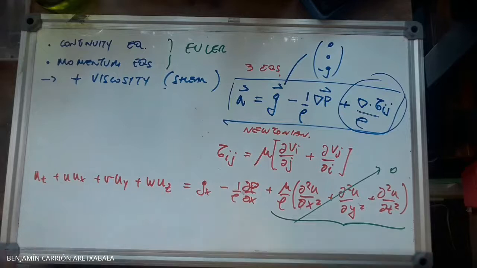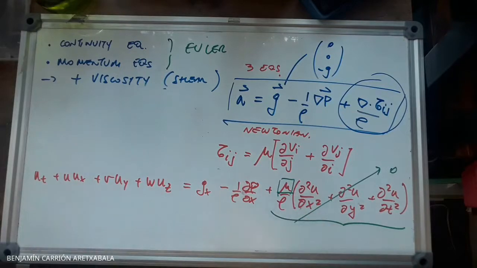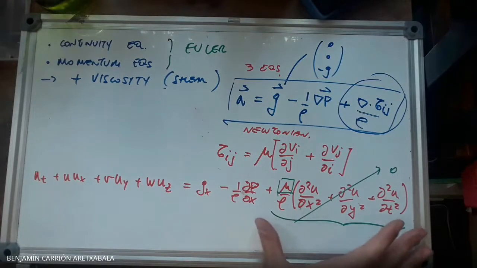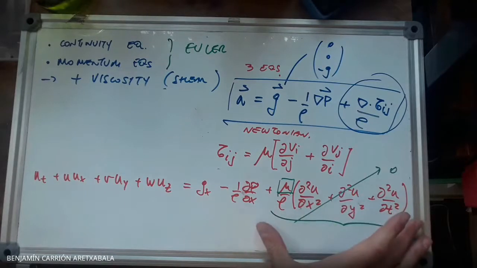If viscosity is important because, for instance, mu is very high, let's say honey moving, or paint, or oil, then mu is pretty high, so these terms can be important. Or your second order gradients are important, so these values can be large.